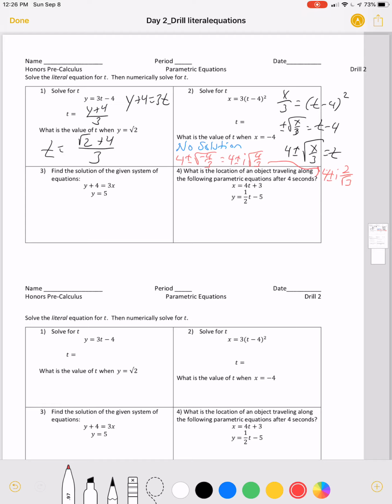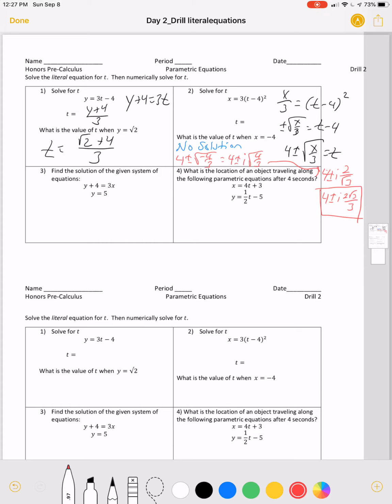And then if you actually rationalize this, which is not necessarily required unless it says so, by multiplying the top and the bottom by the square root of 3, then you would get 4 plus or minus i, 2 square roots of 3 over 3. This would be if it was using imaginaries.